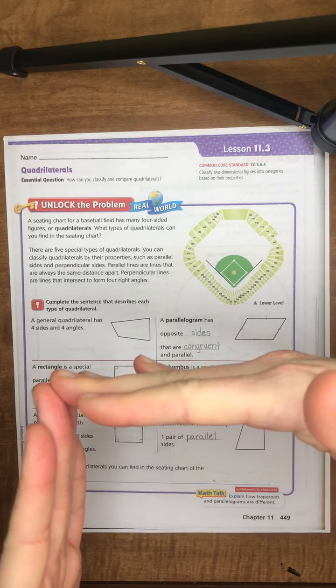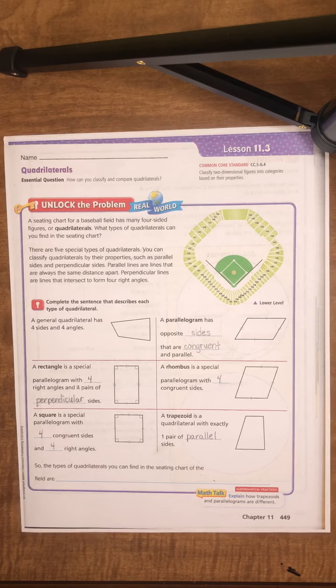A parallelogram has opposite sides that are congruent and parallel, which means that this side is the same length as this side, and this side is the same length as that side. A rectangle is a special parallelogram with 4 right angles and 4 pairs of perpendicular sides.